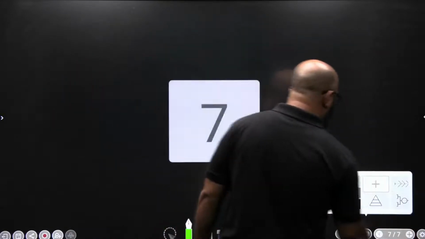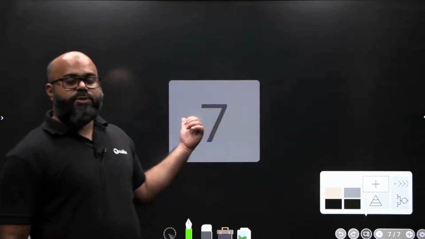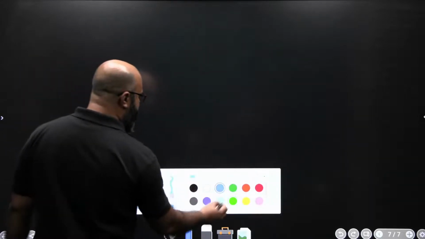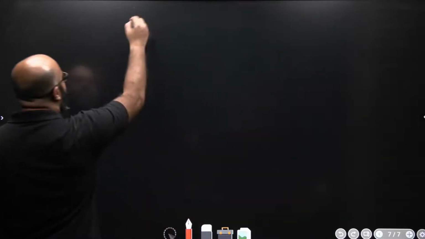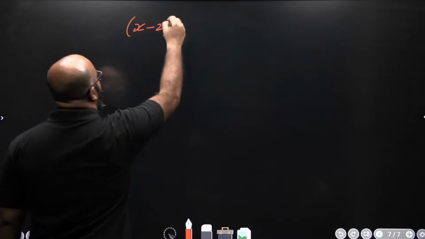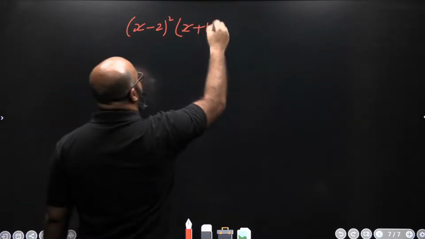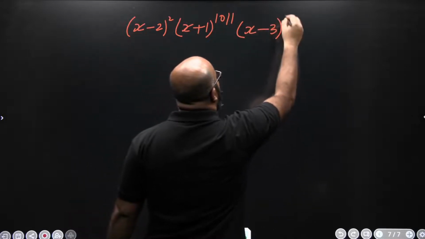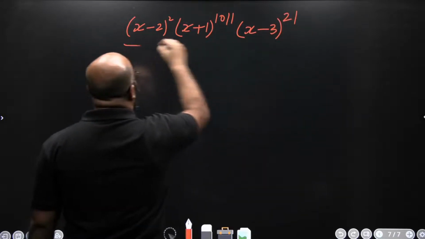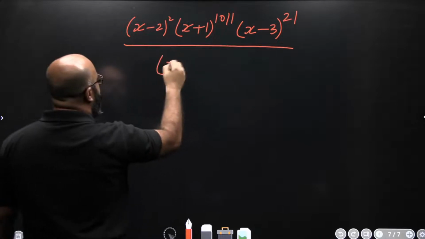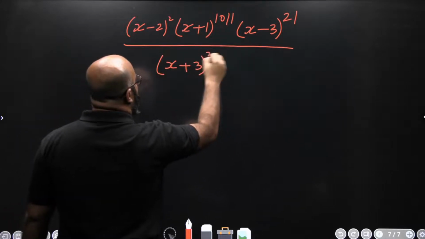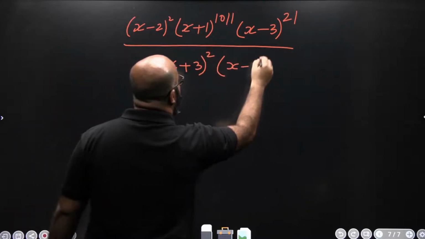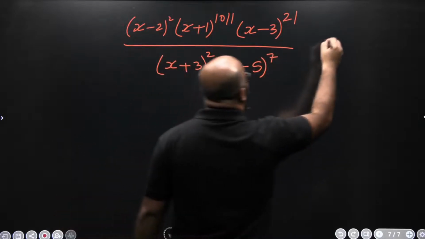Now, I am talking about algebraic expression right now. Next, I am talking about rational expression. So, what happens in a rational expression? I am taking a situation like this, that we have (x minus 2) whole square into (x plus 1) to the power 1011 into (x plus 3)(x minus 3) to the power 21 upon (x plus 3) square into (x minus 5) to the power 7 is less than 0.